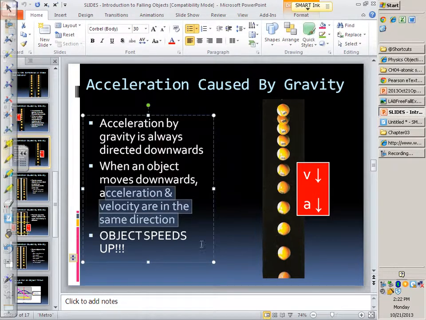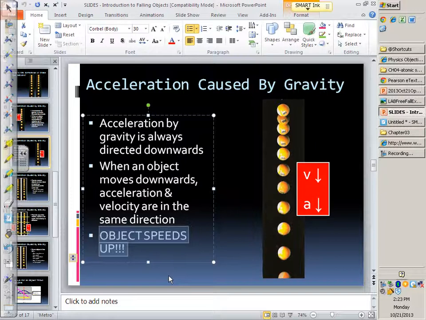If something's already moving in a certain direction and we pull it in that direction, what's going to happen to it? If something's already moving one way and then we continue to pull it in that direction, physically what's going to happen to that object? It's going to go faster, right? So we have acceleration and velocity in the same direction on the down trip, and therefore that object will speed up.